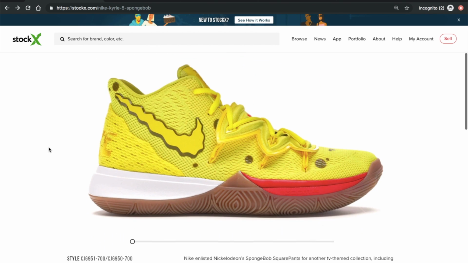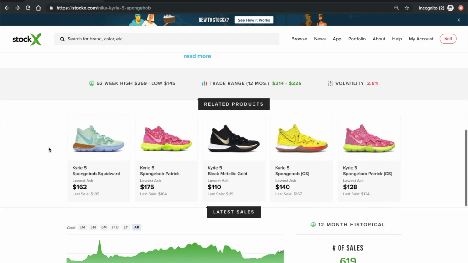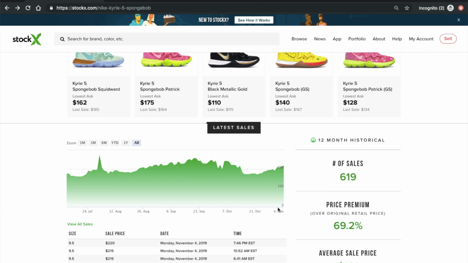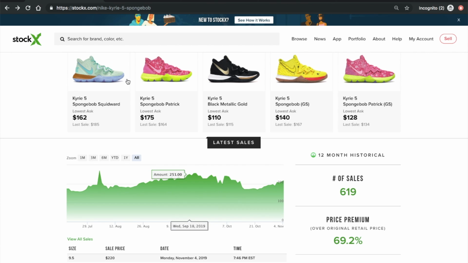Okay, back to the topic. There was a restock right around October 15th on the US Sneakers app. This whole line of SpongeBob by Kyrie restocked, and I figured there's going to be a new injection of sneakers into the market.